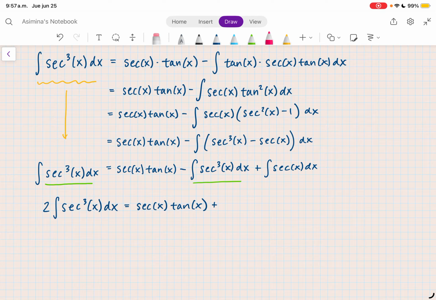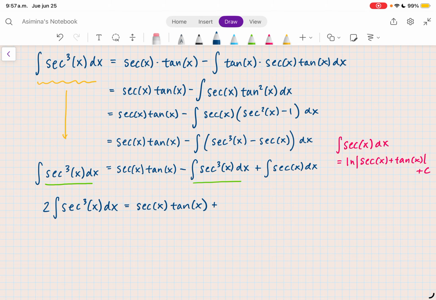But we actually know what that is. We know that the integral of secant of x dx is equal to the natural log of the absolute value of secant of x plus tan of x, and then of course plus c.